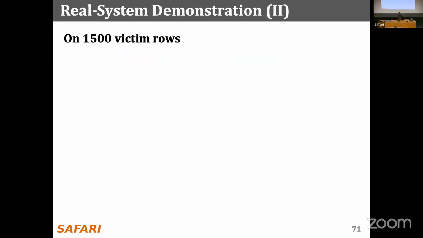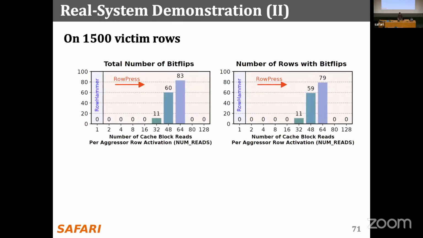We tested 1,500 arbitrarily chosen victim rows, and we plot the total number of Bitflips we get on this real system in the figure. The plot on the left shows the total number of Bitflips we record in these 1,500 rows. The x-axis is the num_read parameter we saw just before, which roughly translates into how long the row is open.